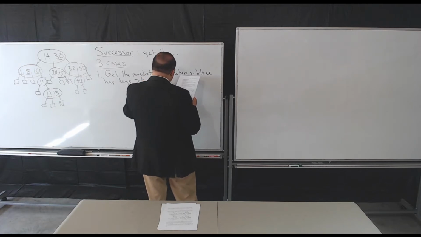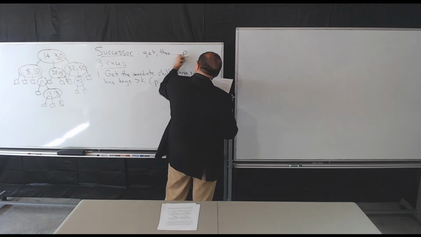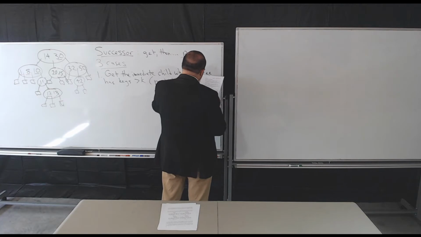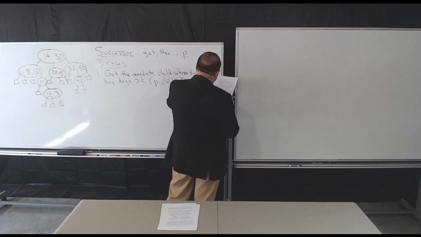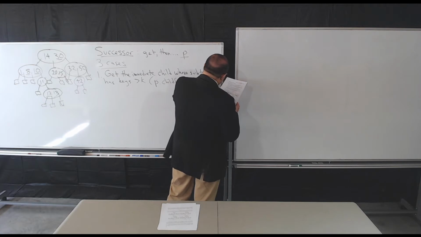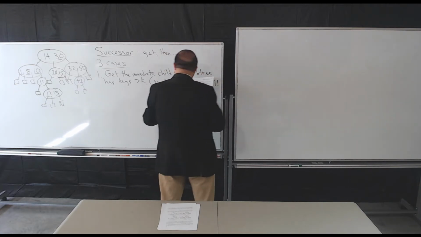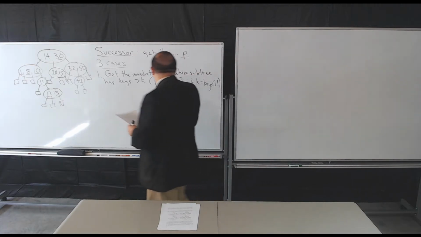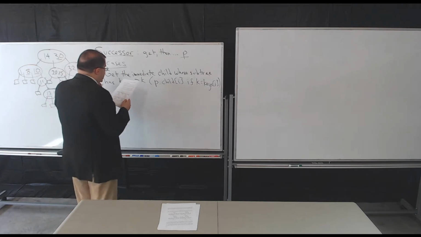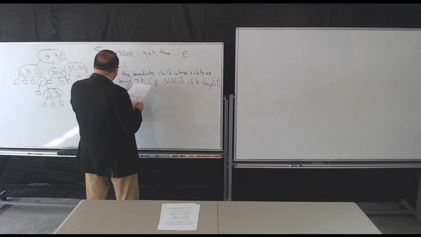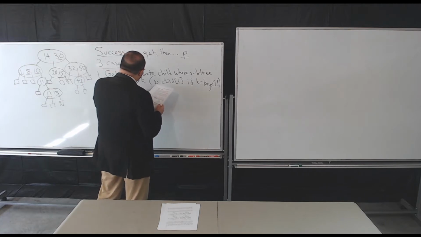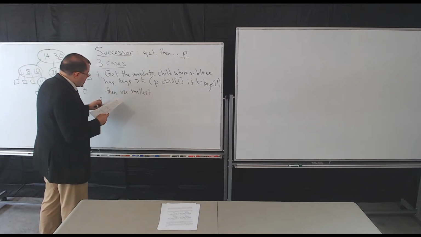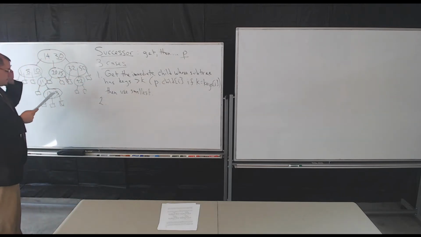So remember, if I give you some node P, it'll be P dot child sub i if k is equal to keys sub i. So assuming that's an internal node, you should be able to do this. Then use smallest. So you can use what I described last day to find the successor in this fashion. So that's the trivial case.